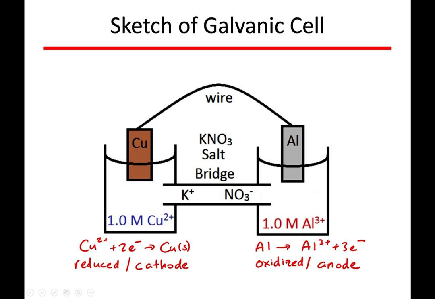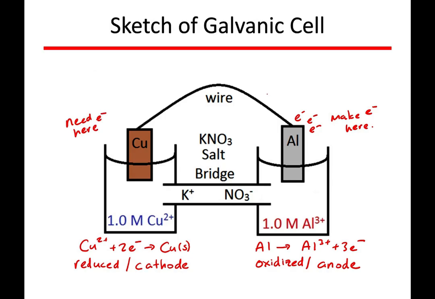And additionally, we talked about the direction of electron flow and said that electrons will always flow from the anode to the cathode, because at the anode, you are producing electrons, right? So we make electrons here, and we need the electrons over at the cathode.